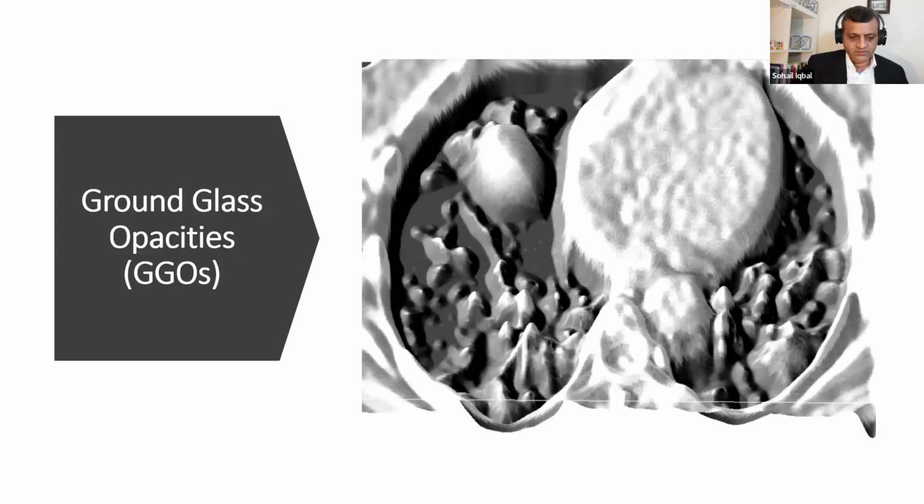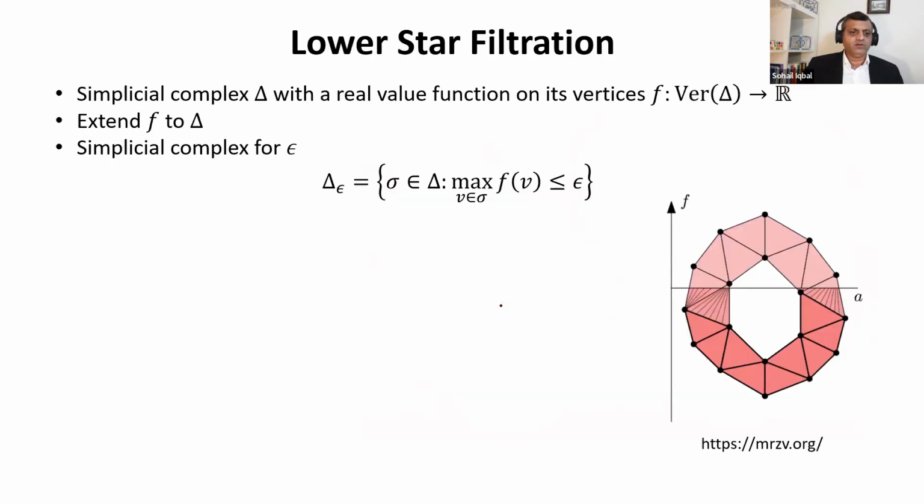And once again, as you can see, there are some saddle points over here. To detect these saddle points, we are going to use lower star filtration. In the lower star filtration, we associate some function with each and every vertex. For example, in our case, it's the intensity of that pixel.